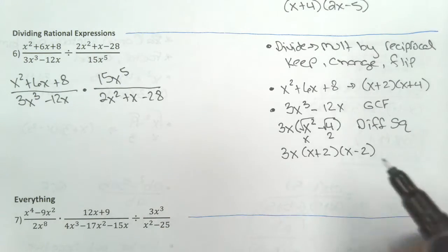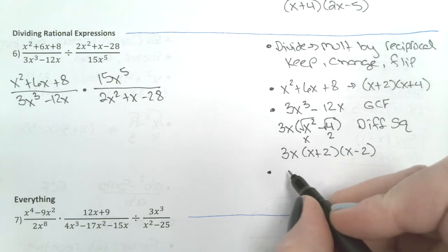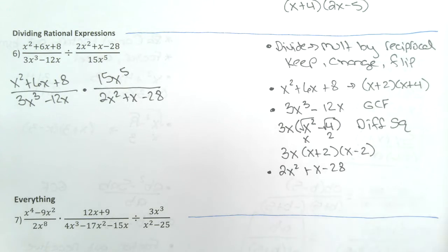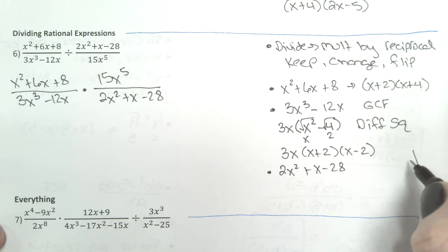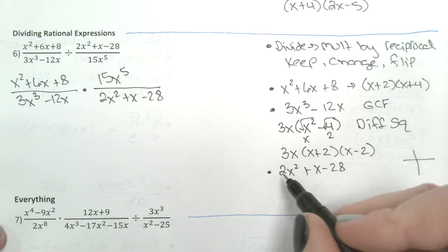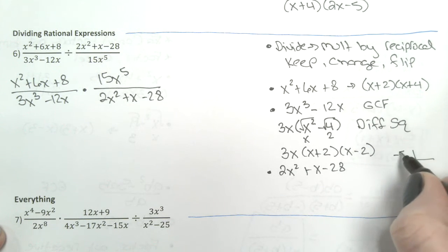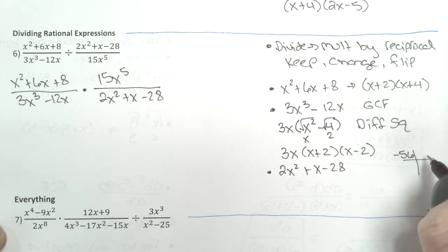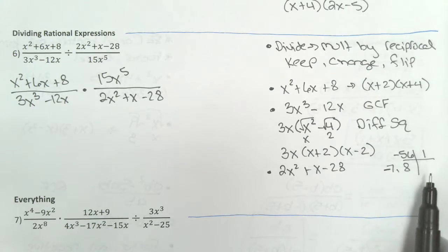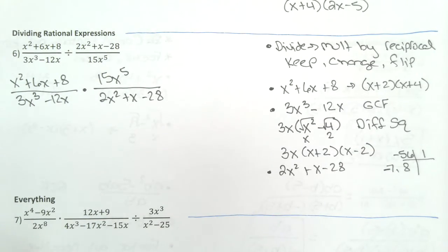And then the last one, 2x squared plus x minus 28. So when I made my ACB chart, 2 times negative 28, so I need factors of negative 56 that add to 1. 7 times 8 is 56, and the 7 has to be negative, so it adds to positive 1.